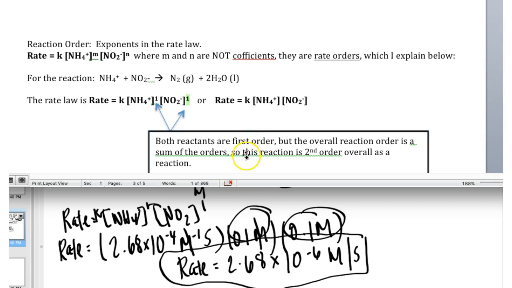But when they're talking about the entire reaction rate, we're going to add the orders. So 1 plus 1 is 2. So this whole reaction right here follows a second order. So both reactants are first order, but the overall reaction order is a sum of the orders. So this reaction is second order as a reaction, not as a reactant, but as a reaction.